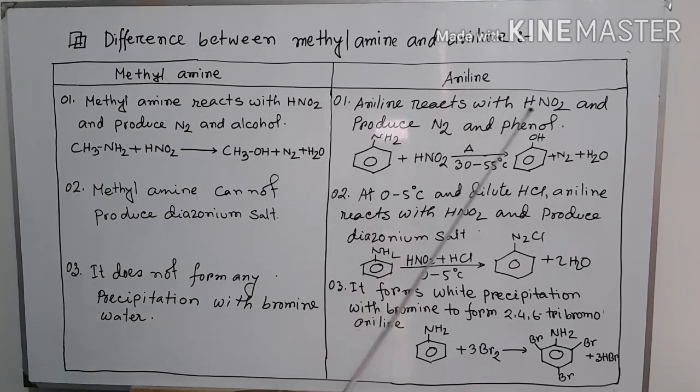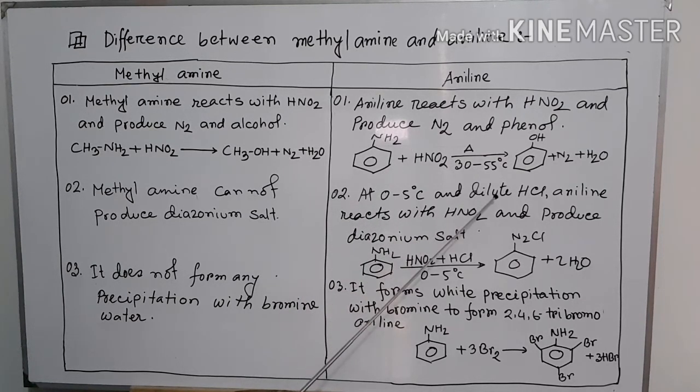Aniline reacts with nitrous acid and produces nitrogen gas and phenol. That means methylamine produces alcohol, but aniline produces phenol.